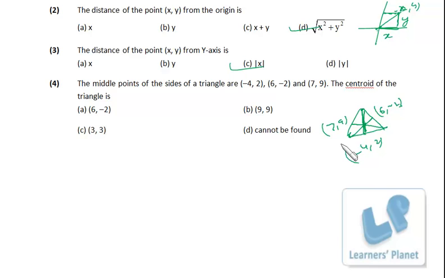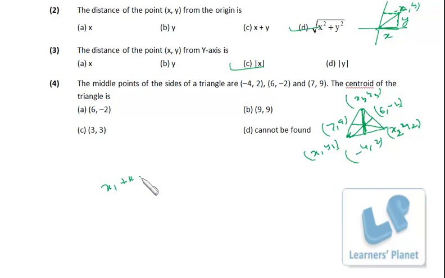There are two ways of solving this problem. As of now, I'm discussing the regular method, the manual method. So I assume this point is (x1, y1), this is (x2, y2), this is (x3, y3). Now from here, (x1 + x2)/2 is equal to -4.